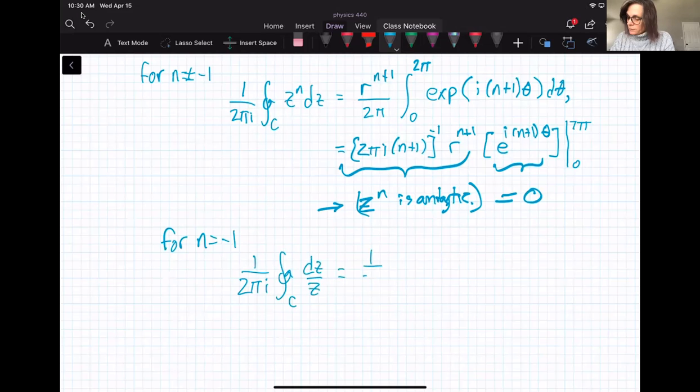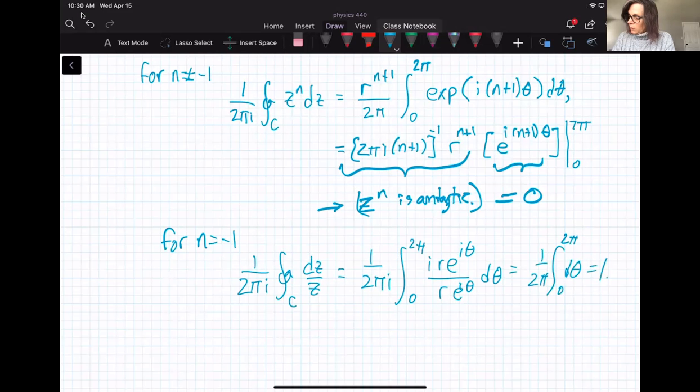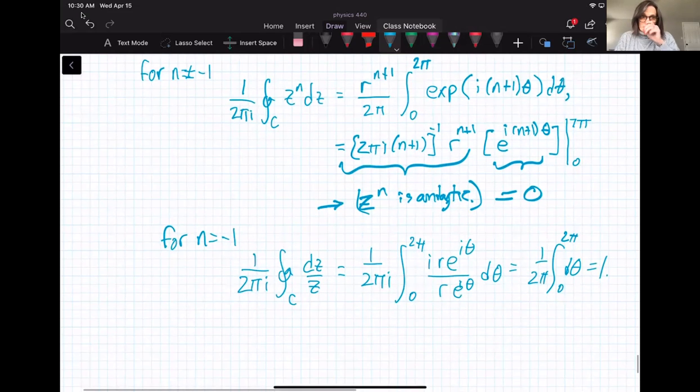That's equal to 1 over 2 pi i, an integral from 0 to 2 pi of r e to the i theta over r e to the i theta d theta. And that's equal to 1 over 2 pi times the integral from 0 to 2 pi d theta, or 1. So there's something really deep here that's leading us eventually somewhere.